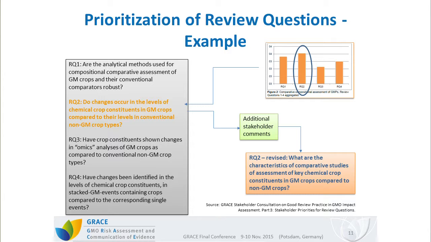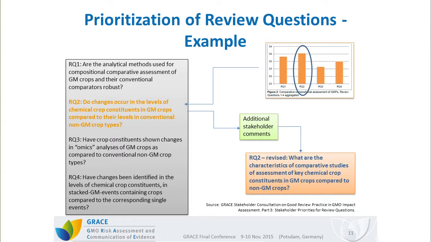In this case, we had 4 potential review questions suggested to focus on compositional analysis aspects. These four questions were subjected to a stakeholder ranking, and I'm just showing a simplified picture here.